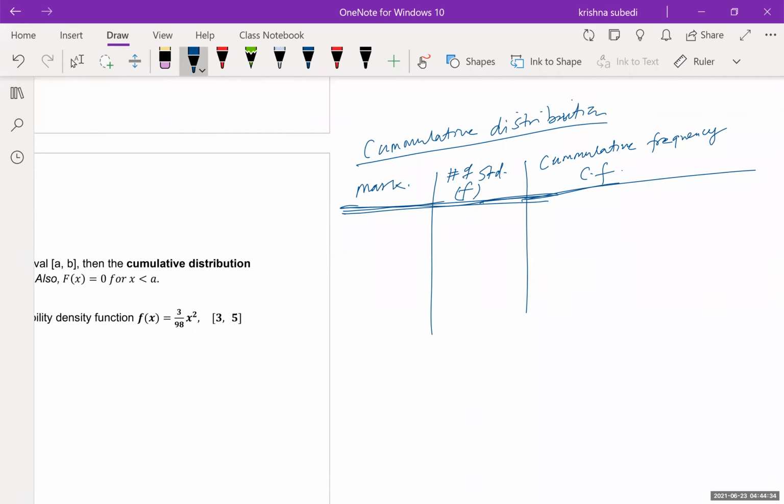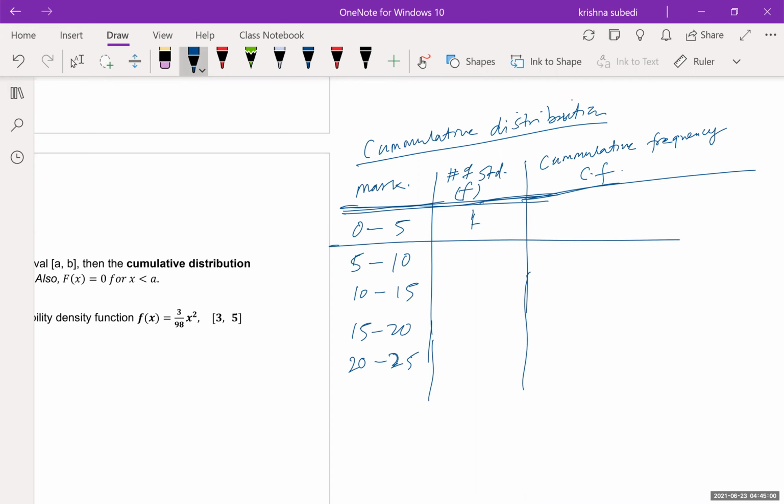Let us suppose this represents the marks in math class. The full mark in that exam is 25. Suppose there is one student who scored between 0 and 5.